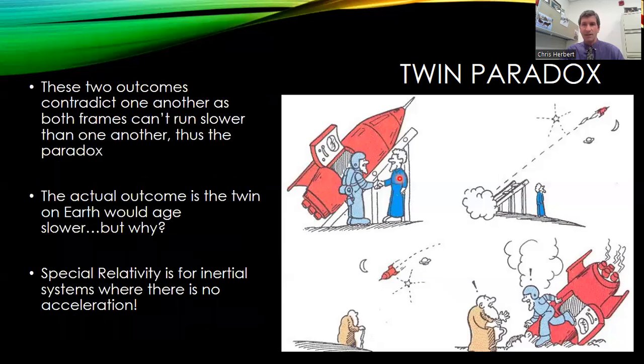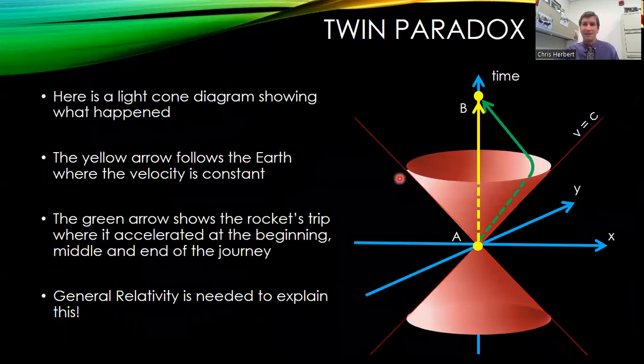Well, let's try to do this with our little space-time diagram, light cones. Now, if you look at this, we see the twin on Earth, at the time which the rocket ship takes off, the twin on Earth is left behind by the astronaut twin. The astronaut twin takes this trajectory, whereas the twin on Earth takes this trajectory. And your intuition would say, well, wait a minute.